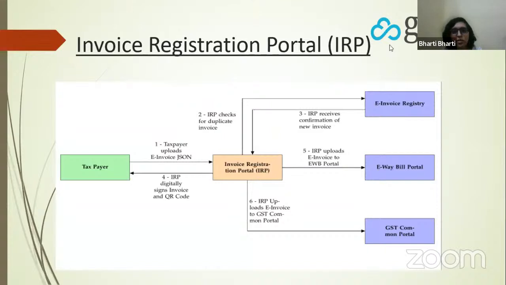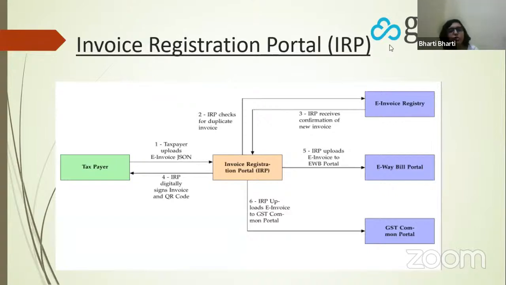Okay, what is the invoice registration portal? When you are sending the data for e-invoice, it goes to the invoice registration portal. The taxpayer uploads their e-invoice data. It checks for duplication and validates the JSON. It goes to the e-invoice registry, from where it confirms the new invoice.